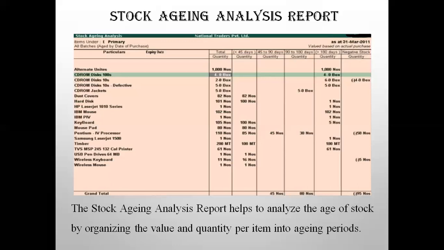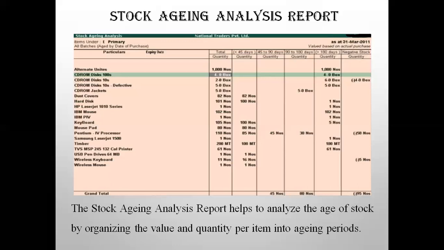And the most common stock aging analysis involves determining the aging of the product on the basis of the date of purchase, when you had bought it. However, we can prepare aging reports on the expiry date of stock also.